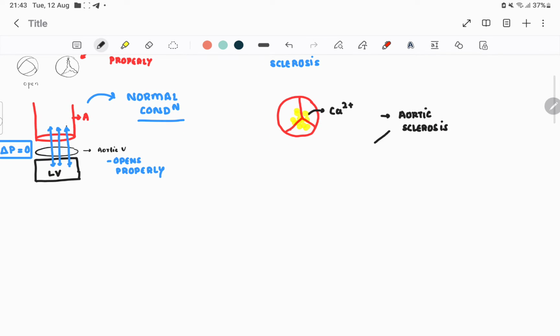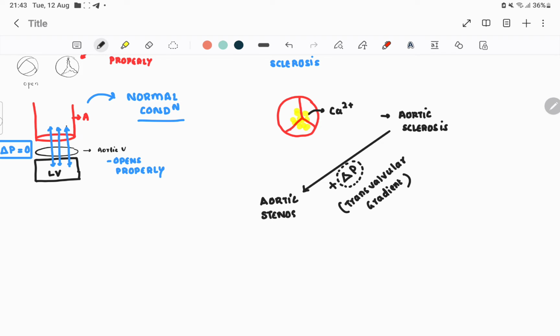If this aortic sclerosis is associated with delta P, which is a pressure gradient, also called transvalvular gradient, it is called aortic stenosis.